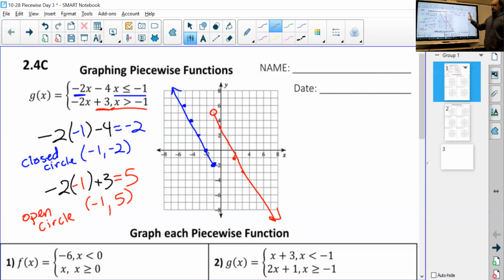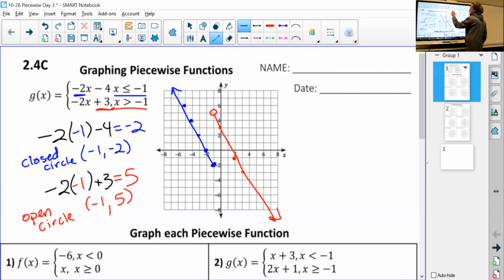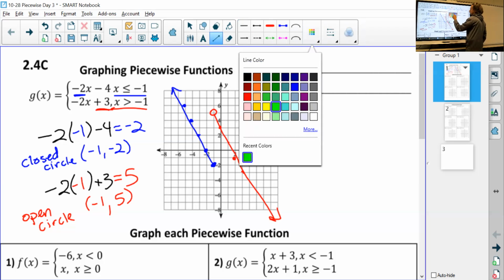Okay. To double check your work, to make sure you did it correctly, this works on almost all of them. If you graphed it correctly, this still needs to be a function. So if we did our vertical line test, let's actually make a vertical line. Let's make it green.